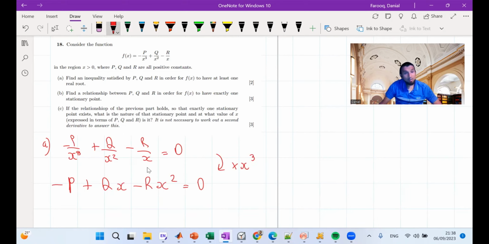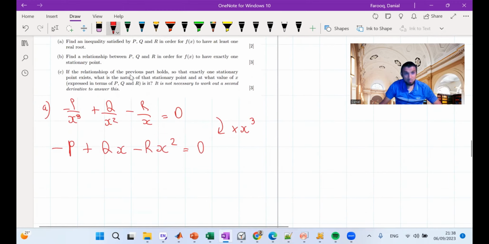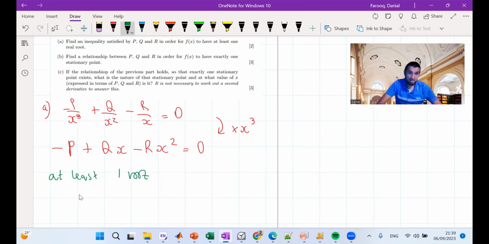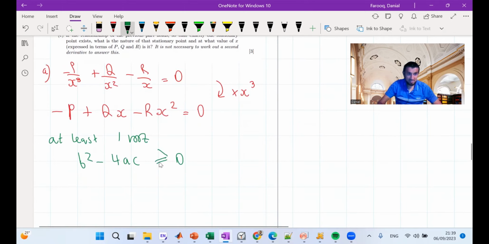Now, we want the situation where there's at least one real root. In order for there to be at least one real root, b squared minus 4ac should be equal to or greater than 0. So in this case, a is minus r, the coefficient of x squared, b is q, and c is minus p.